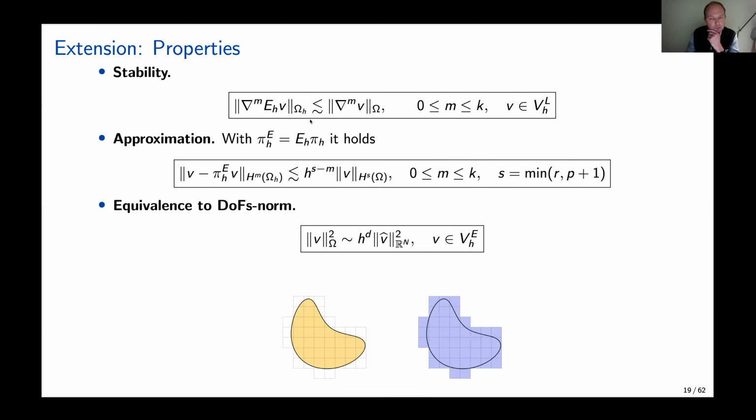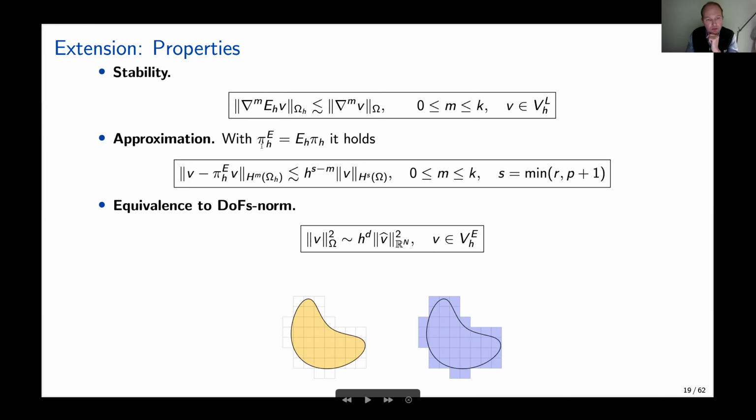Okay, so using this framework, one can, under quite general circumstances, show that we have stability. Here Omega_h is the union of all the elements, so it's actually a larger domain than the domain Omega.